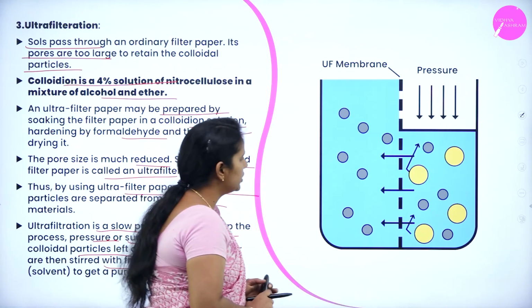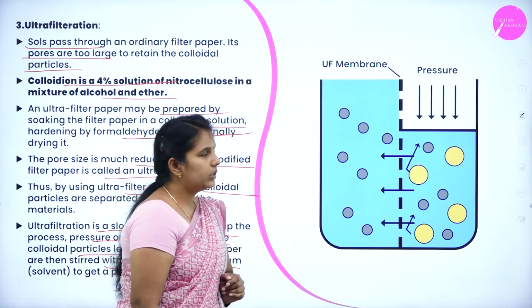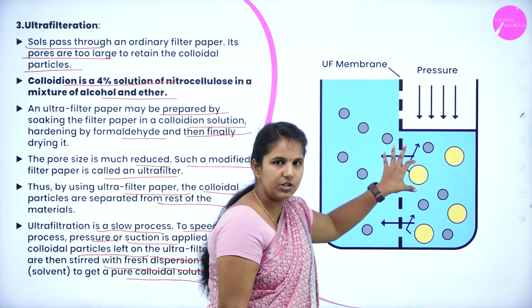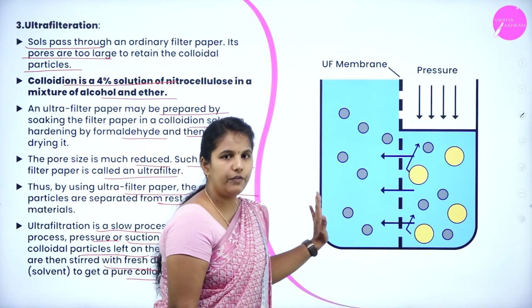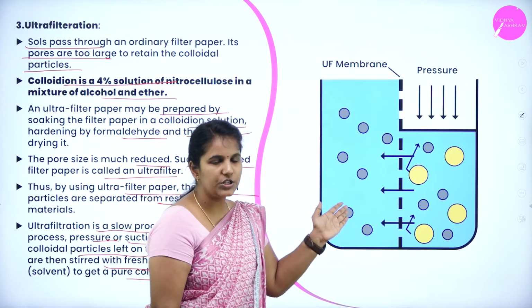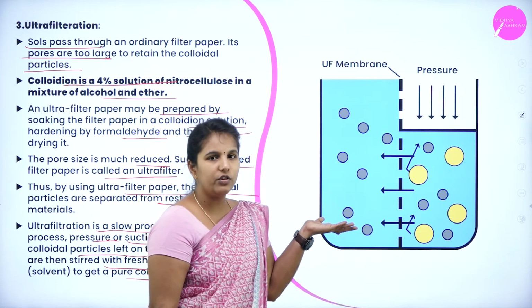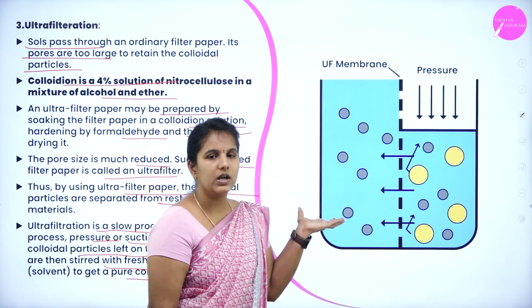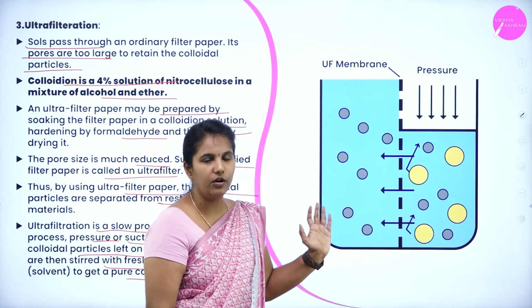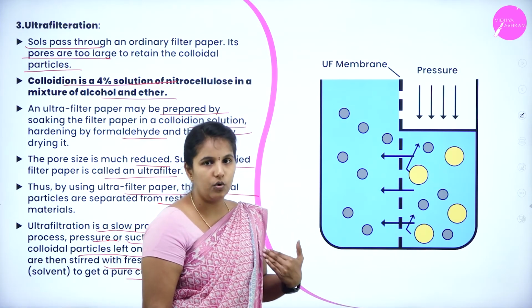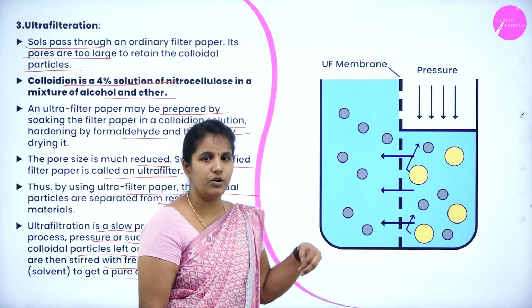Here I have a picture where I have used the UF membrane. You can see that I am applying some pressure to increase the filtration process, because filtration is a very slow process, as we have already learned, and if you make the filter papers into ultrafilters, the entire filtration will become very slow, because the pores are very small.